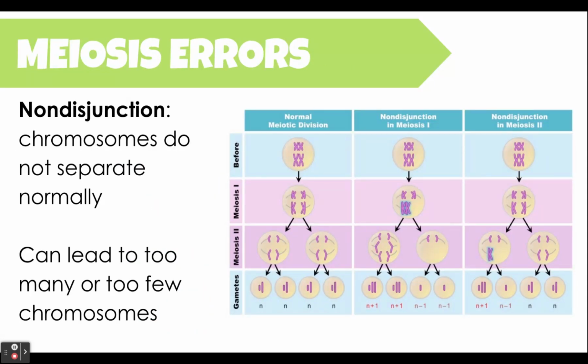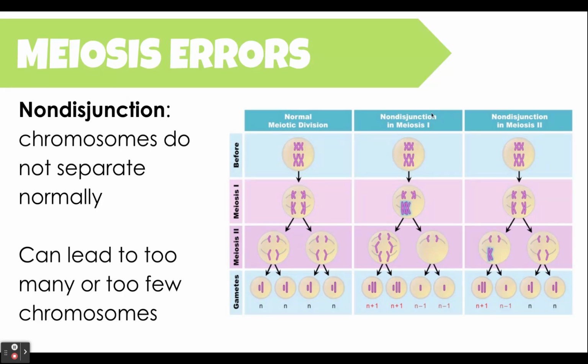And then lastly here, this isn't so much genetic diversity, it's just errors that could occur during the process of meiosis. So nondisjunction refers to chromosomes not separating normally as they should during anaphase. And so this potentially could lead to having too many chromosomes or not enough chromosomes.